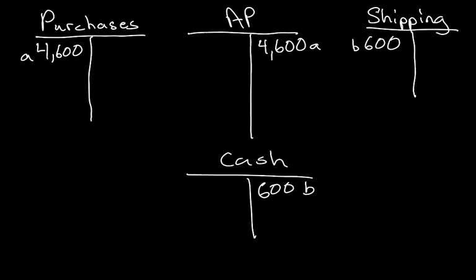On April 4th, Lion Company decided to return some merchandise that had an invoice price of $600. So when they return that merchandise, we are going to first debit their accounts payable account, because they don't owe that anymore. And we're going to credit an account called returns and allowances.